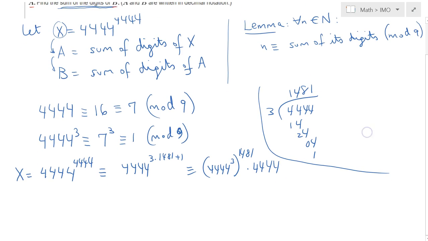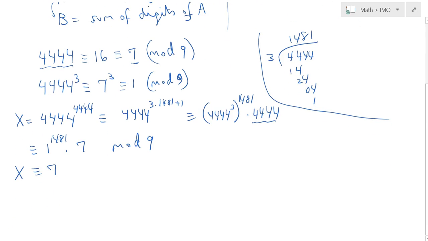And finally, so that's simply congruent to 1 raised to the power 1481 times, and 4444 is just equal to, congruent to 7 in mod 9. When you multiply these, we would just get that x itself is congruent to 7 in mod 9.